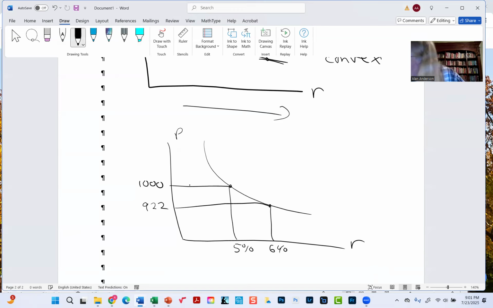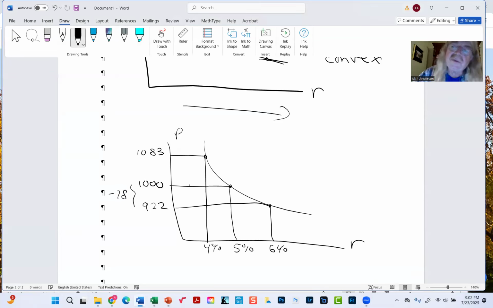922. But then if I drop the yield by 1%, the price of the bond will go up, let's say, to 1083. And so what we can see here is that when there's a 1% increase in the yield, the price of the bond only drops by $78.